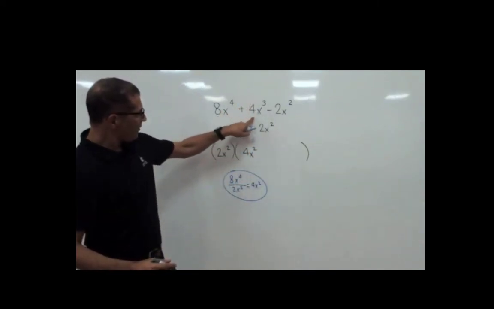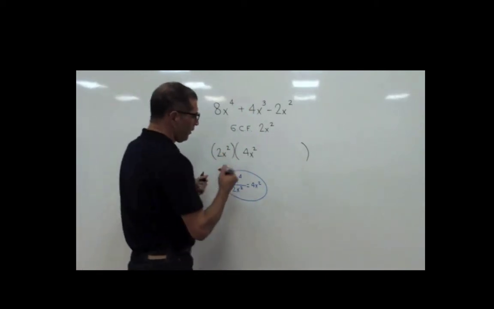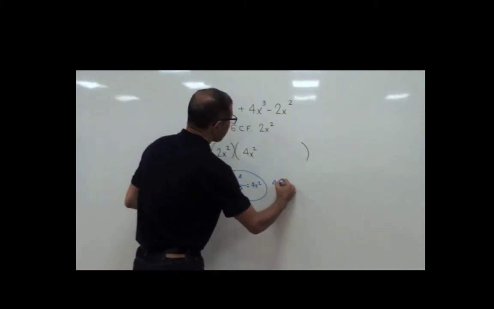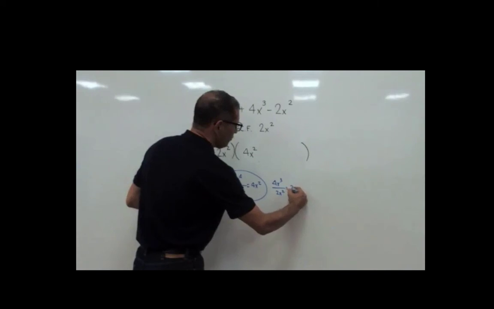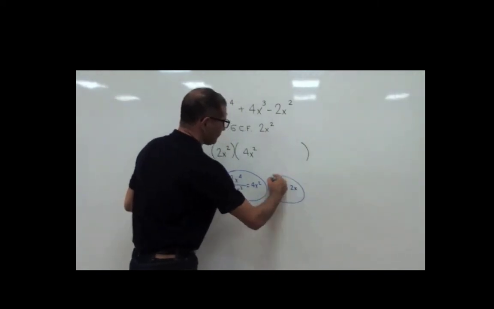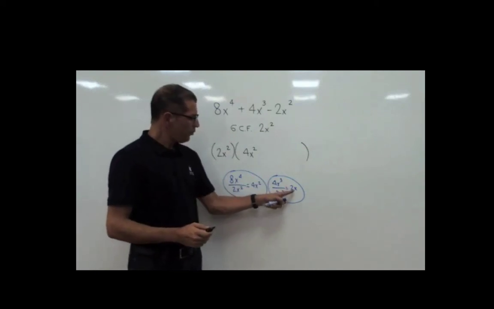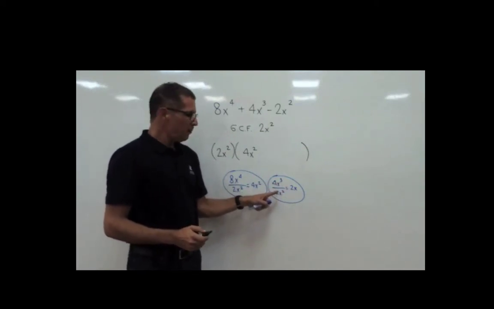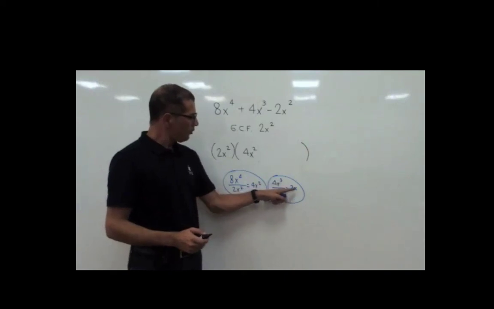Now let's divide this middle term by the first factor. 4x cubed divided by 2x squared equals 2x. Check with me. 4 divided by 2 is 2. When the base is the same in a division, we subtract exponents: 3 minus 2 equals 1.